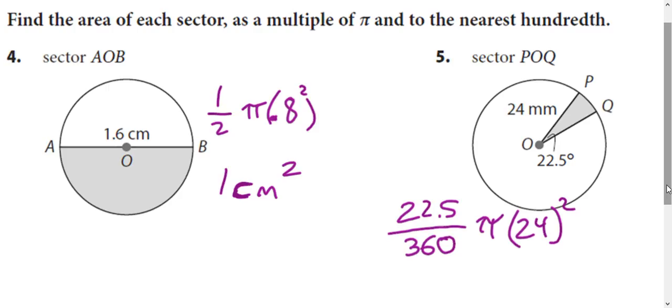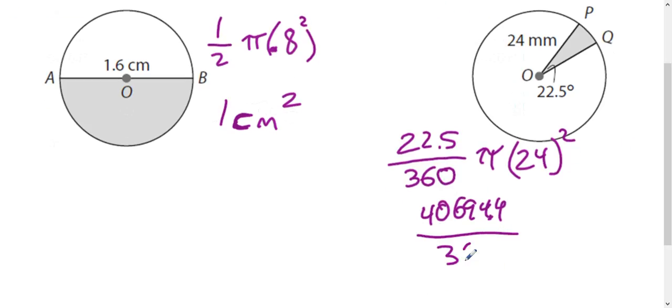You multiply that all out, you get 40694.4 over 360. The units are millimeters, and it's squared because area is squared.